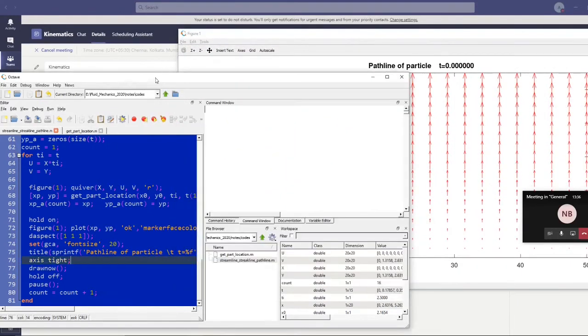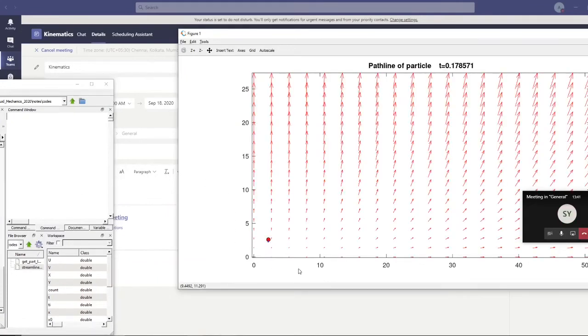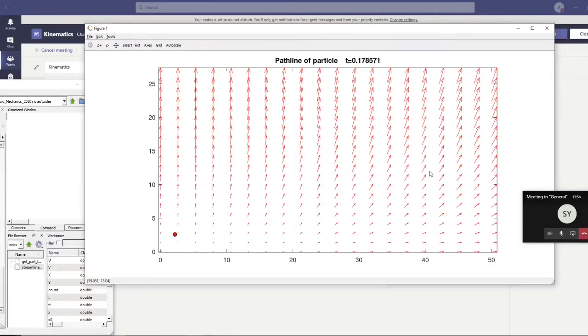So at the next time instant, that is t equal to 0.17, the particle is trying to go up. But look, as time increases, there is still a dominance of y velocity.